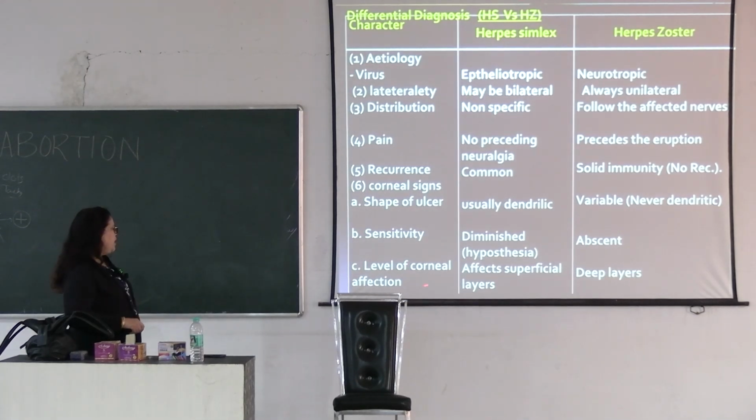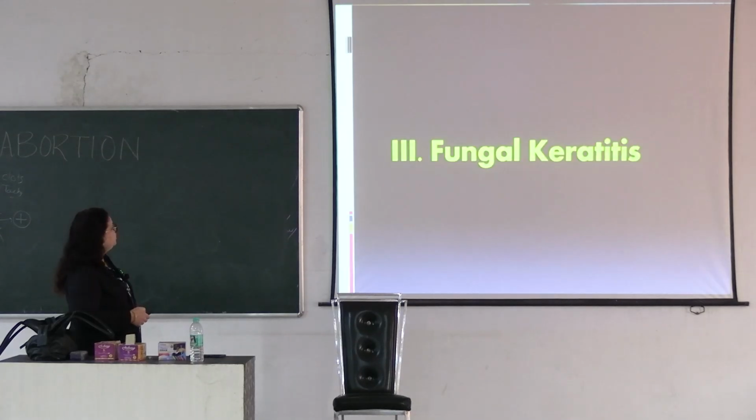As to the level of cornea affected, simplex only affects the superficial layer, the epithelium. It is epitheliotropic, so sensation is diminished. Herpes zoster involves the deeper layer, the stroma, and that is why disciform keratitis also occurs in this case.